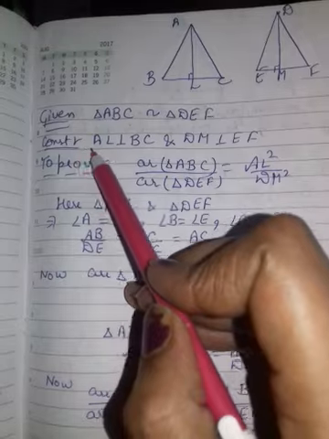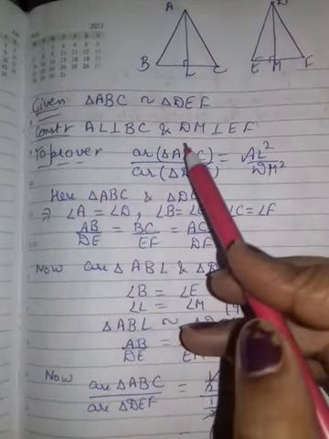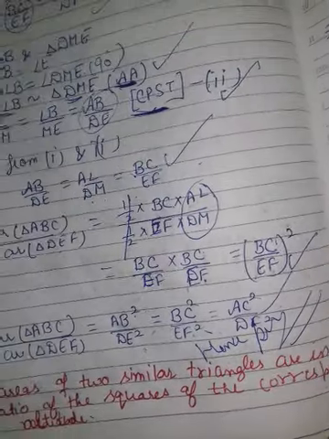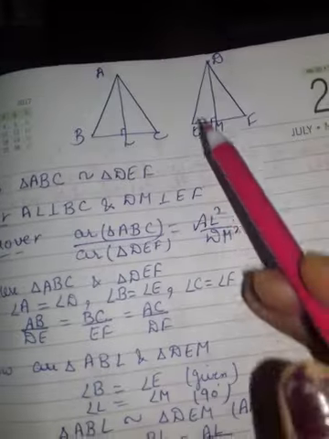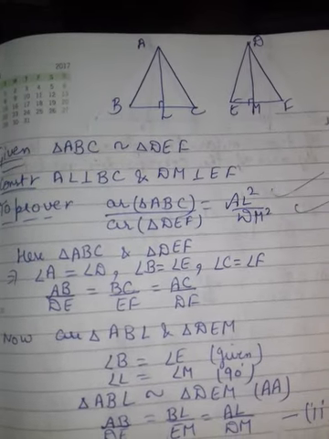We have constructed this because the altitude is given there. So in the proof, you want to show that the areas of similar triangles are in the ratio of the squares of corresponding altitudes. What are your altitudes? AL and DM. Square you have to prove.